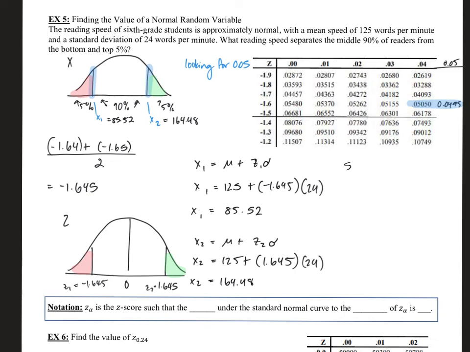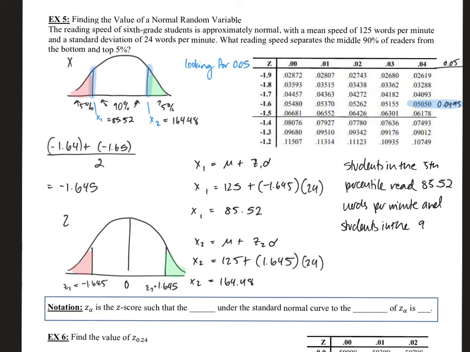So students in the 5th percentile read 85.52 words per minute, and students in the 95th percentile read 164.48 words per minute.